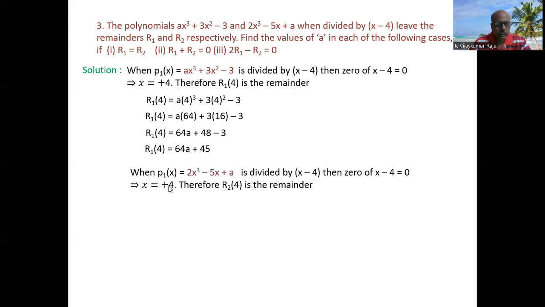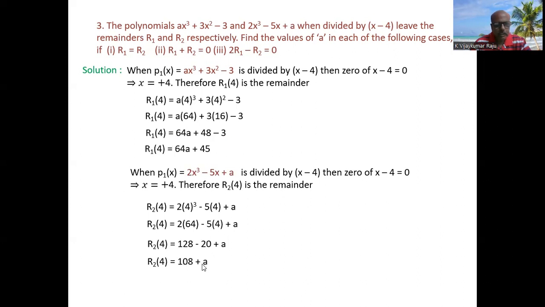Now let's calculate the remainder for the second polynomial, that is R2(4). R2(4) is 2·4³ − 5·4 + 8. This is 2 into 64 minus 5 into 4 plus 8. This is 128 minus 20 plus 8. This is 108 plus a... that is, 108 plus 8. This is your second remainder. This is R1 and this is R2.